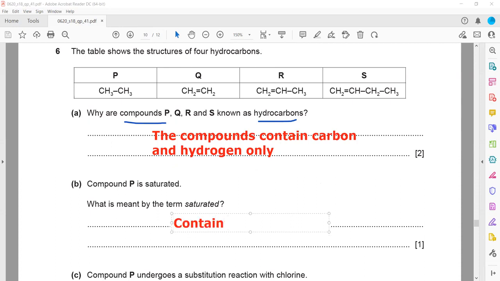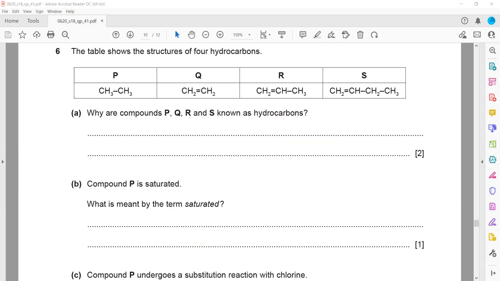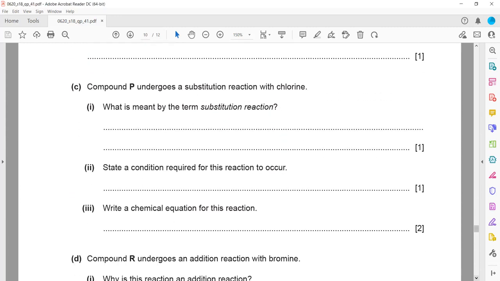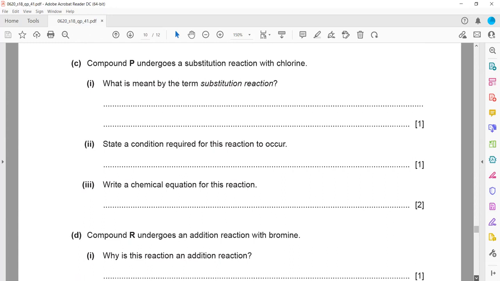Because it contains carbon-carbon single bonds. If the same question asked why Q, R, and S are unsaturated hydrocarbons, we'd say because they contain carbon-carbon double bonds. So the type of bond changes the nature of an organic hydrocarbon. Single bond, saturated; double bond, unsaturated.